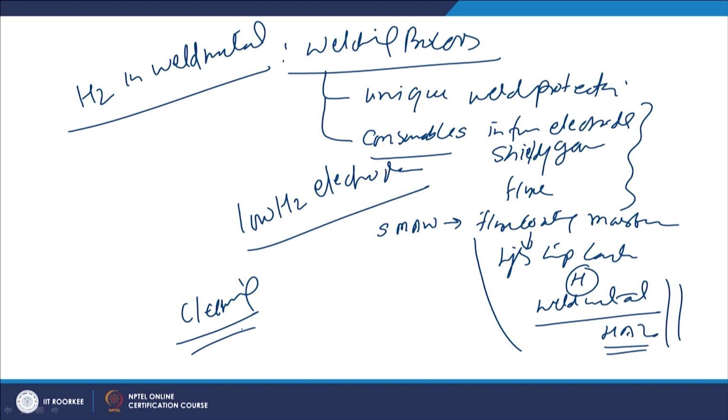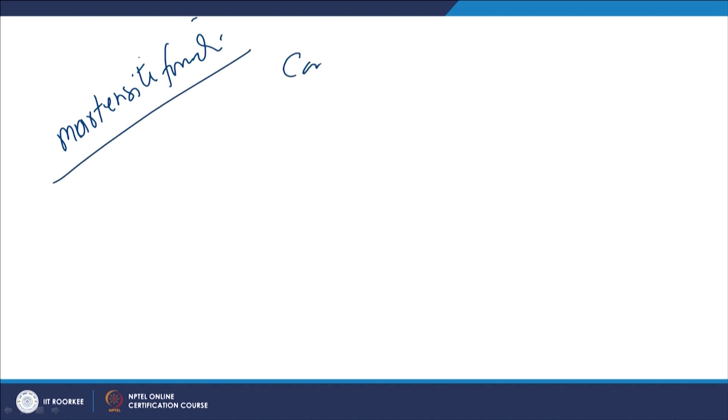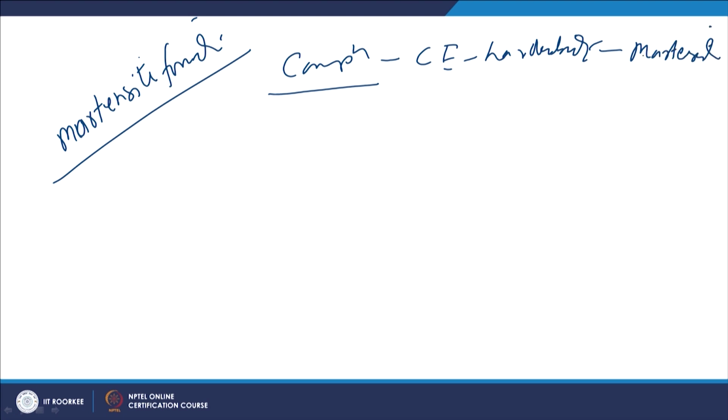And the second aspect is the microstructural aspect, that is, the martensite formation. The martensitic transformation is directly linked with the composition of the steel. If the steel has a high carbon equivalent, it will show higher hardenability, and this will increase the tendency for martensite formation.